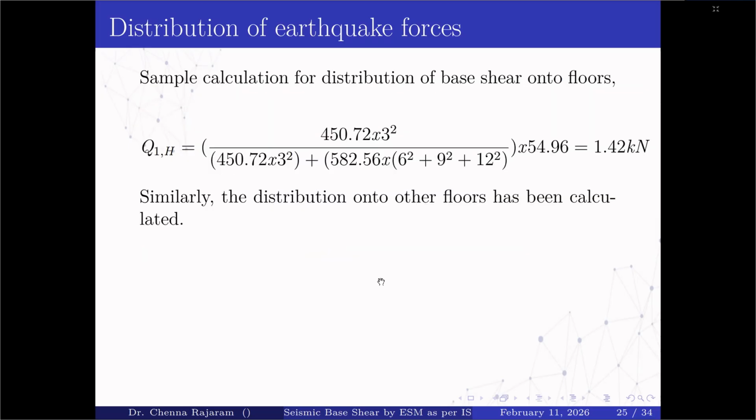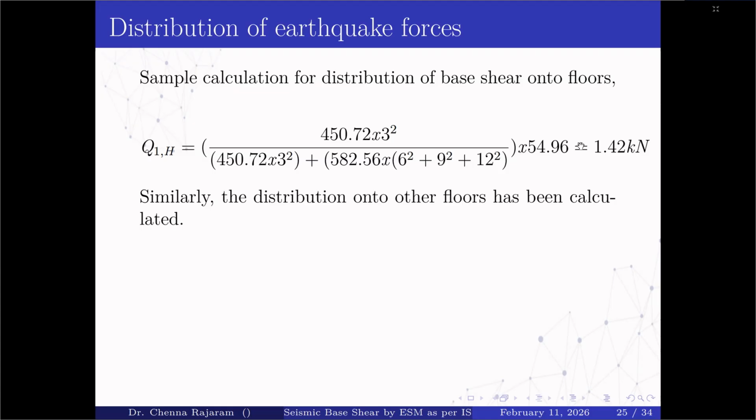Now, Q_i^DH is equal to 450.72 into 3 squared divided by 450.72 into 3 squared plus 582.56 into 6 squared plus 582.56 into 9 squared plus 582.56 into 12 squared, multiplied with 54.96.